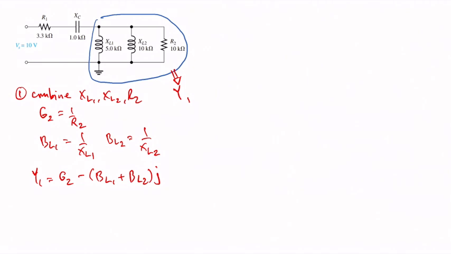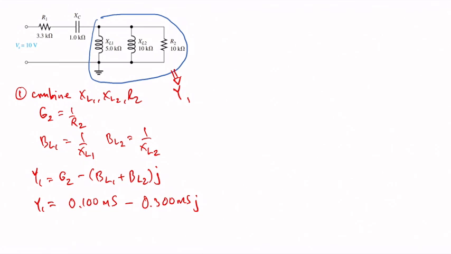So when we do that, again, you can do that in MATLAB if you wish, we have 0.100 millisiemens minus 0.300 millisiemens j. So that's our Y1.